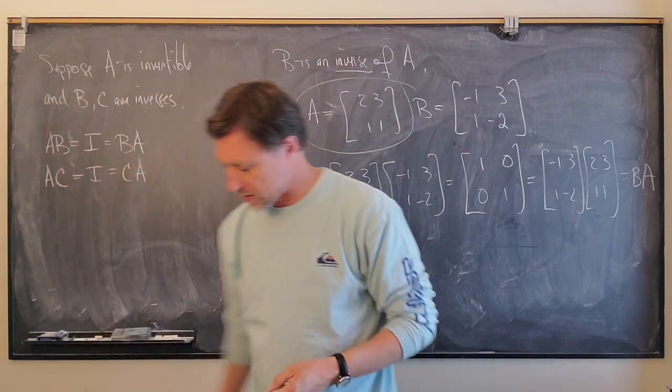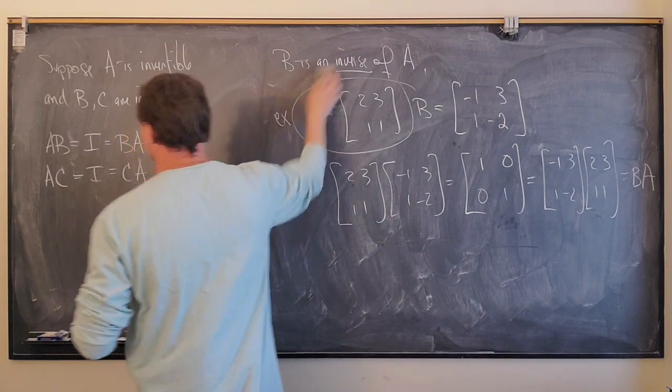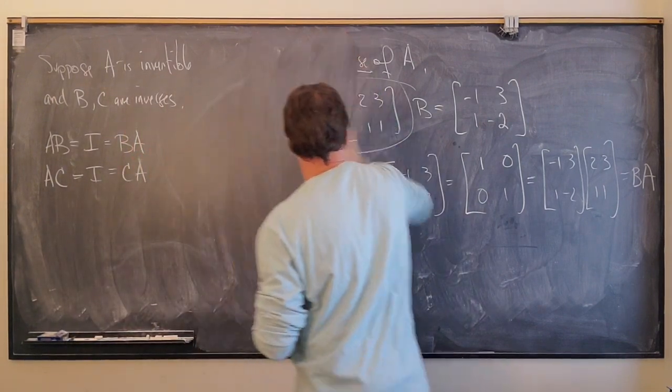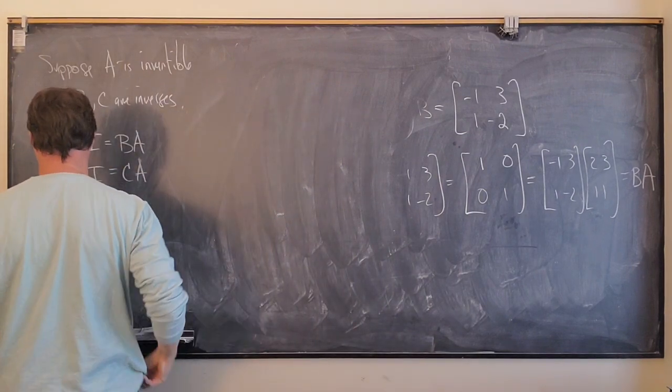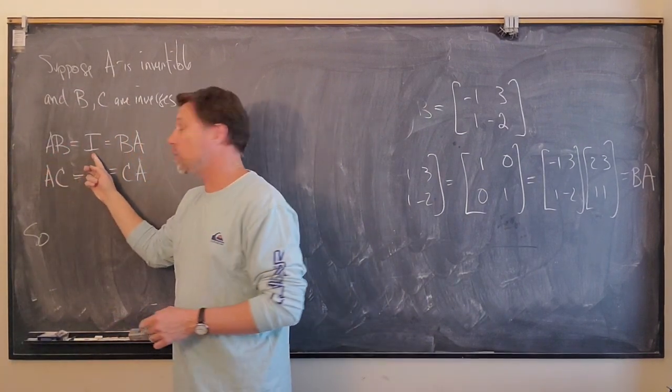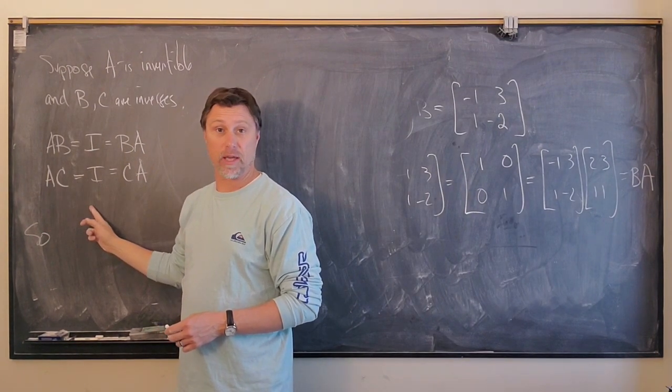All right, so now what does that mean? Well, I've got AB equal to the identity, I've got AC equal to the identity.